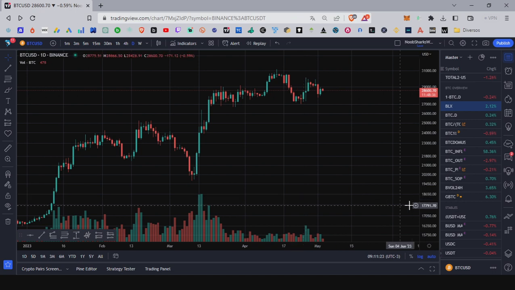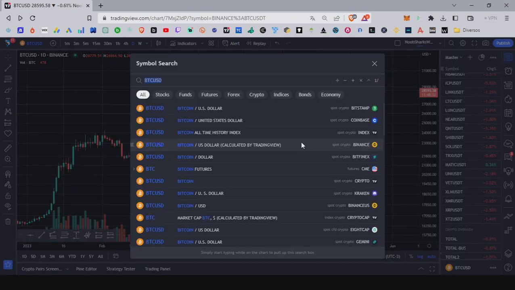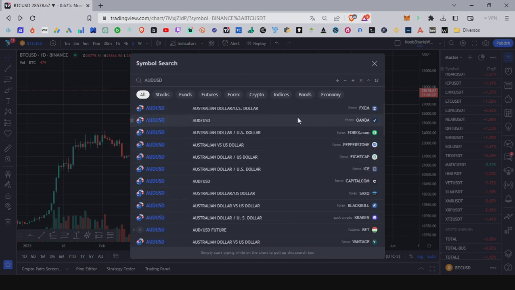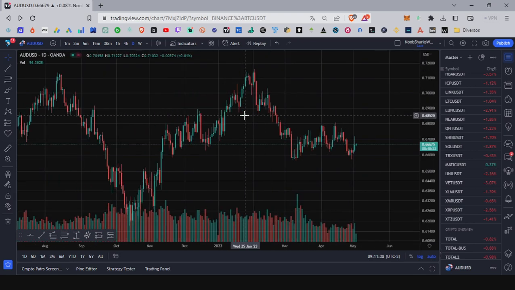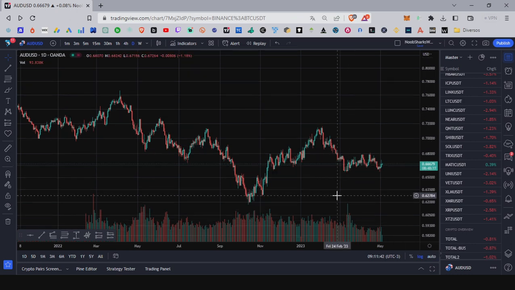Let me get another asset here. Let's get AUD/USD again. I'm doing this, guys, because you have to understand that when we talk about charts, we are basically talking about any kind of asset that we can analyze.